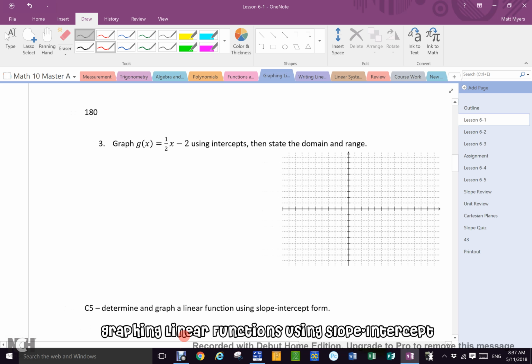So, since every single one of you told me you understood this, every single one of you should be able to do this. I'll help you get started. g of x equals 1/2 x minus 2. Since I'm using intercepts, what are the values that I will be subbing in here?